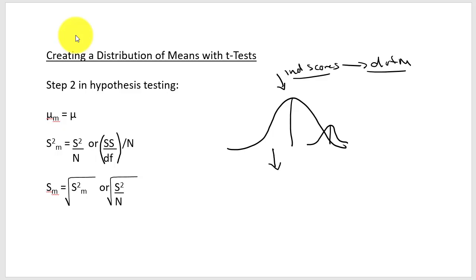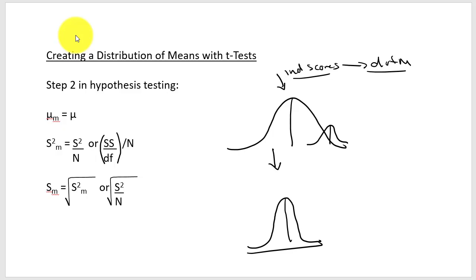And what we end up doing is creating a distribution that, again, has a lot more peak to it. That allows for our sample's mean to actually have a chance at arriving at significance.